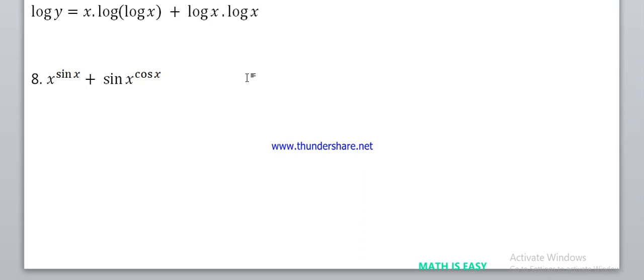This question will be solved as usual. The given term I will take as y. When I apply log on both the sides, let's see what you get.